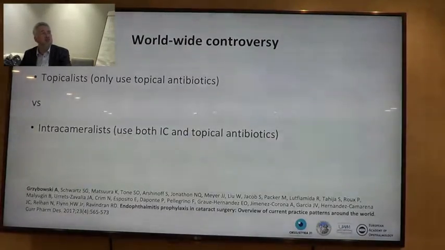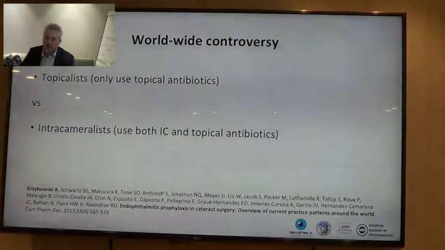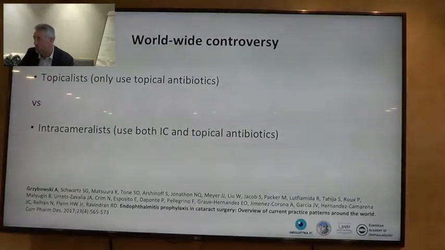There is a worldwide controversy between topicalists, so people who favor the use of topical antibiotics and don't use intracameral ones, and intracameralists, people who use intracameral and usually also topical antibiotics. Only in 2 countries, Sweden and Denmark, do they use only intracameral antibiotics.